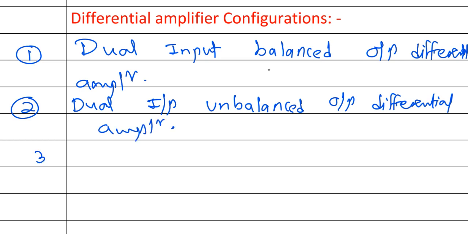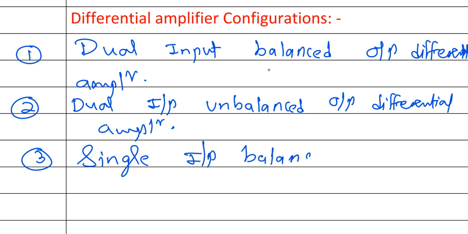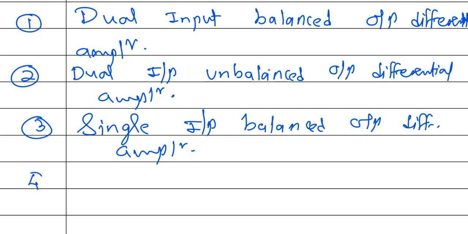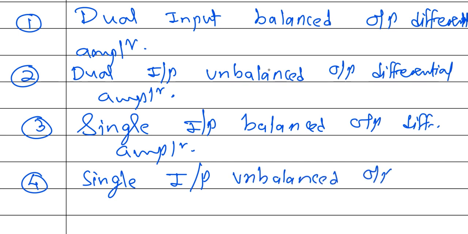Third configuration is single input, balanced output differential amplifier. And last configuration is single input, unbalanced output differential amplifier. Now we will understand the difference between all these four configurations.